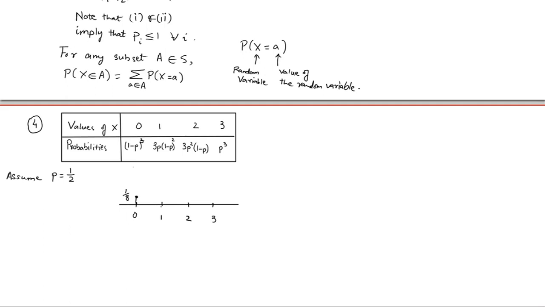For the probability of 1 head, this will be 3/8. This will also be 3/8. And this will again be 1/8 if the coin is fair. Are you guys following this or are you lost? Yes, sir. Okay, and this is going to be 1/8.